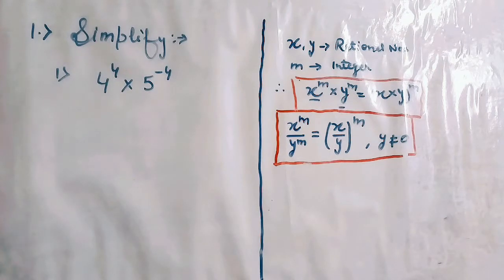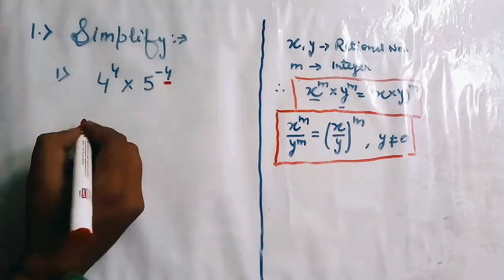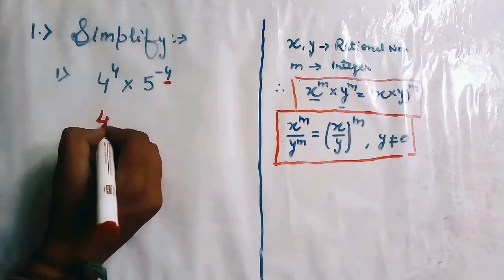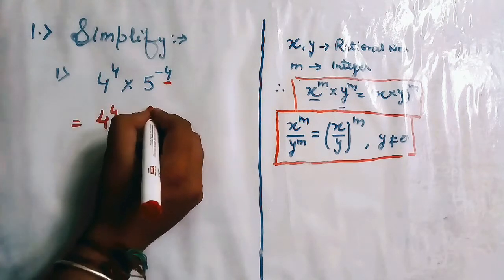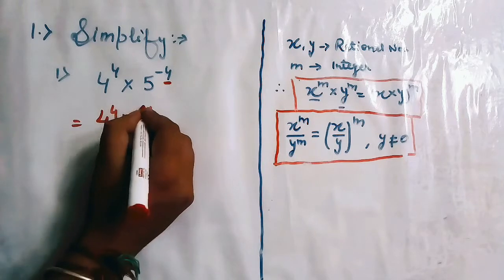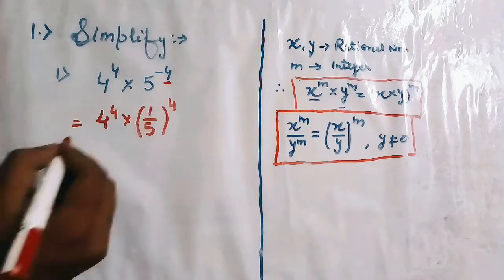Now let us see how we can simplify it. So you can see 5 raised to power minus 4 is there. So 4 raised to power 4 as it is, multiply by, to make it positive you can take reciprocal, so it will become 1 upon 5 raised to power 4.